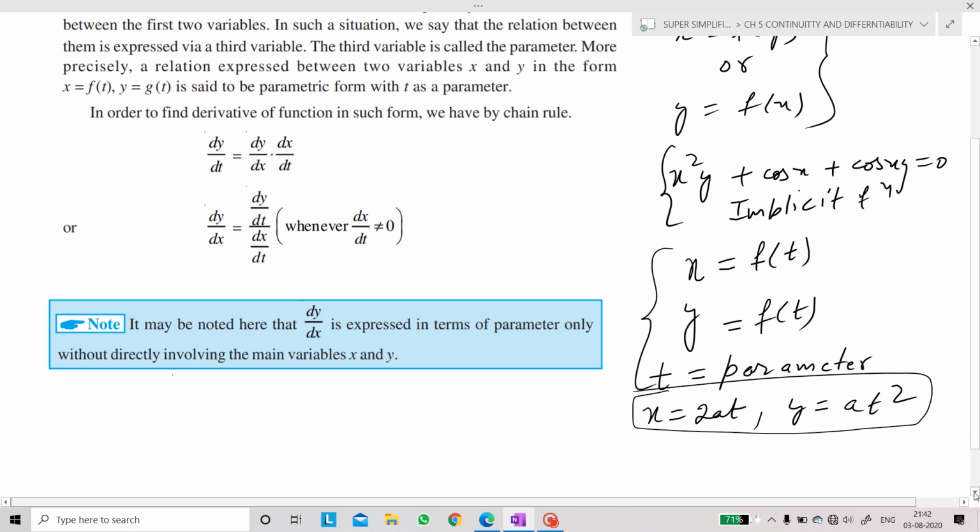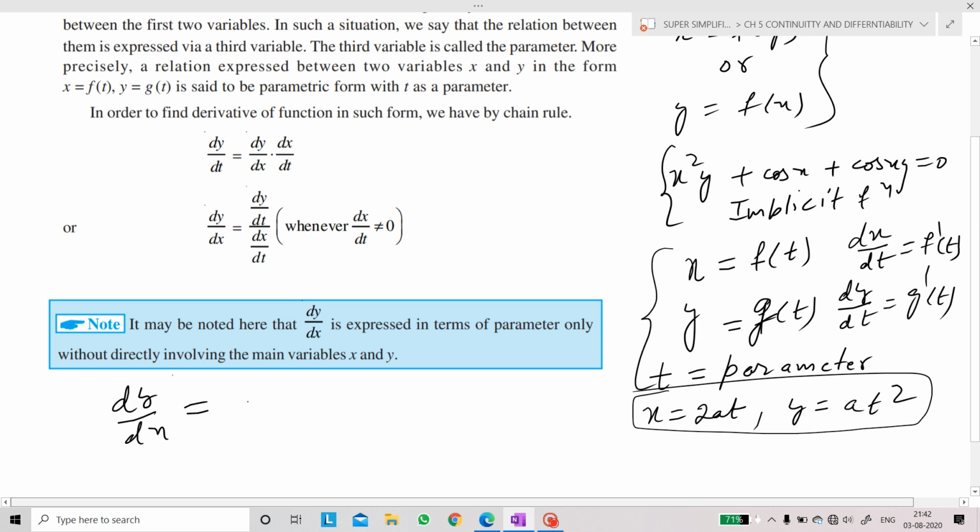So what we are going to do is find the derivative of x with respect to t, and we are also going to find the derivative of y with respect to t. Here I can take y as a function of t, say g(t), so g dash t. And now if we have to find dy by dx, it will be dy by dt upon dx by dt, which will be equal to g dash t upon f dash t.